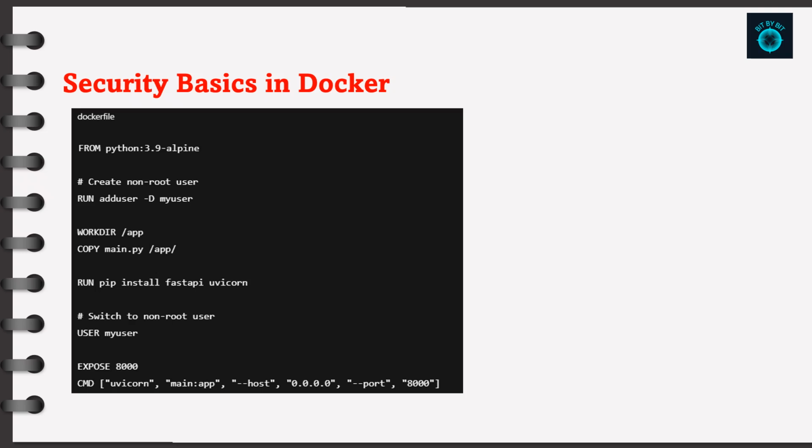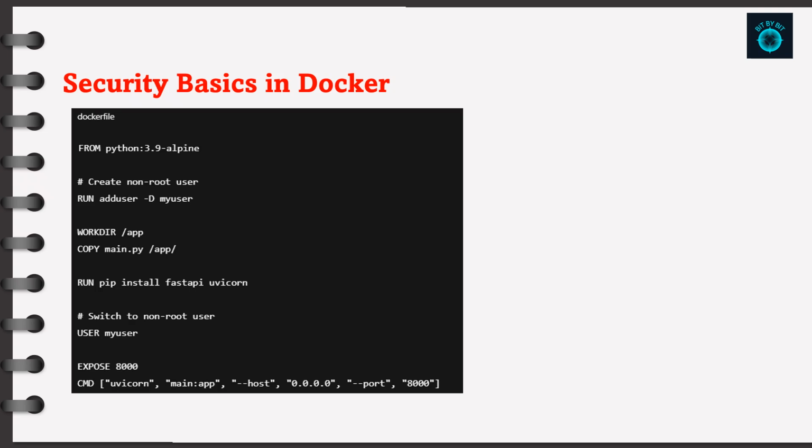Next, we create a new user inside the container called myuser. We use the command RUN adduser -D myuser. Here, RUN executes commands during image build. The adduser command adds a new user, and the -D flag means create with default settings without a password. This user will be used instead of root, which is important for security.